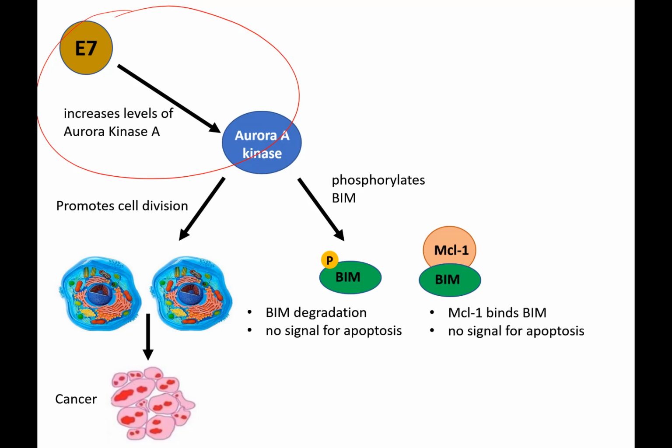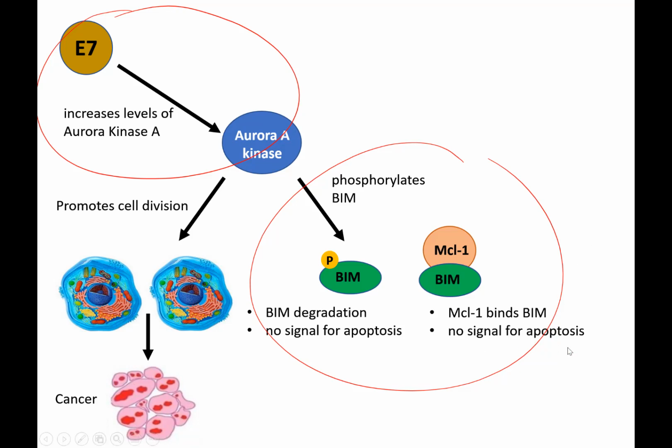Okay. Something else to put in the back of your mind is you're going to see towards the end of the paper a bunch of host proteins involved in apoptosis regulation. Aurora kinase A, being a kinase, phosphorylates a protein called BIM. Okay. When BIM is phosphorylated, we block apoptosis. Okay. There's another protein that's going to come into play, MCL1.